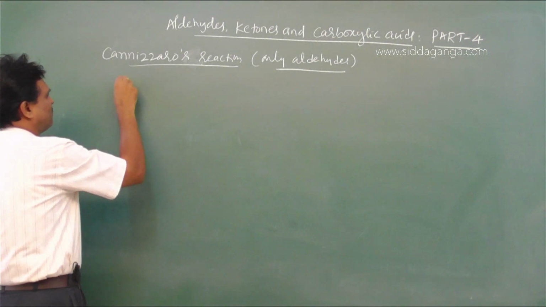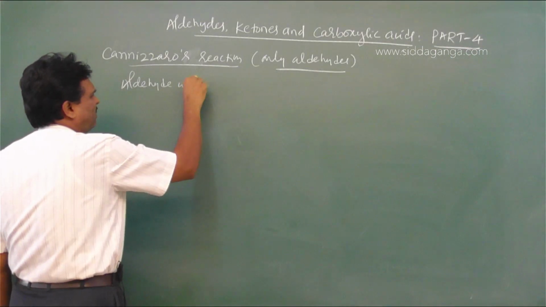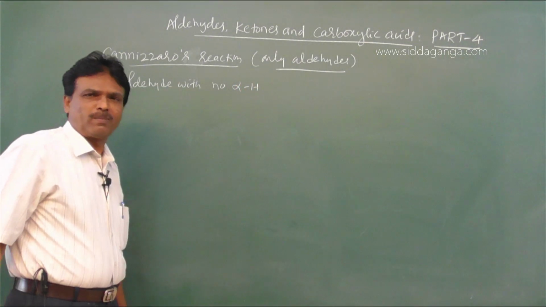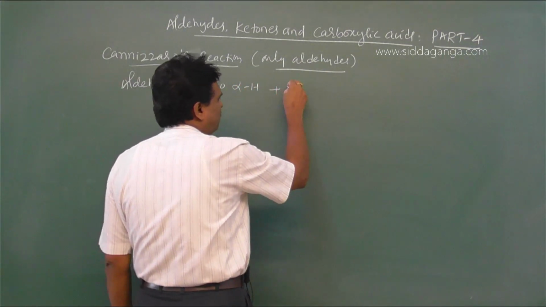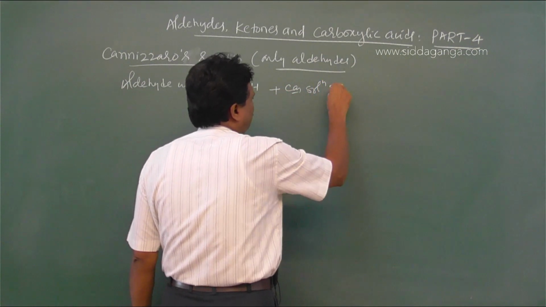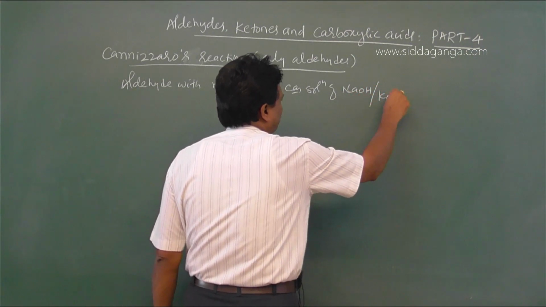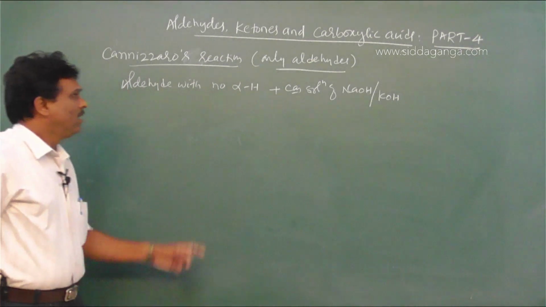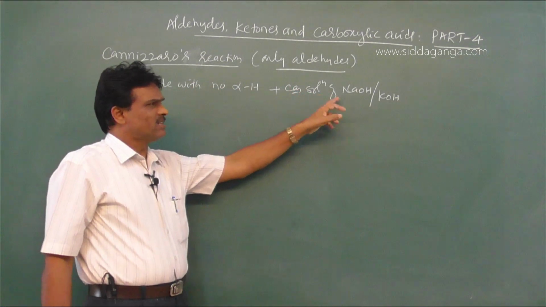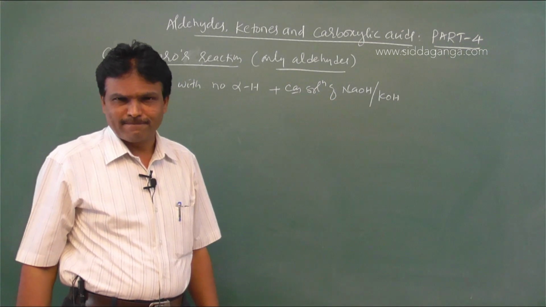Aldehydes with no alpha hydrogen are treated with a concentrated solution of sodium hydroxide or potassium hydroxide.